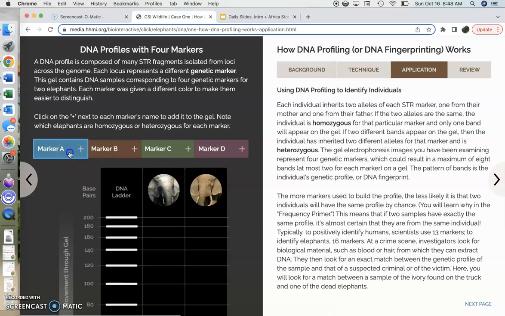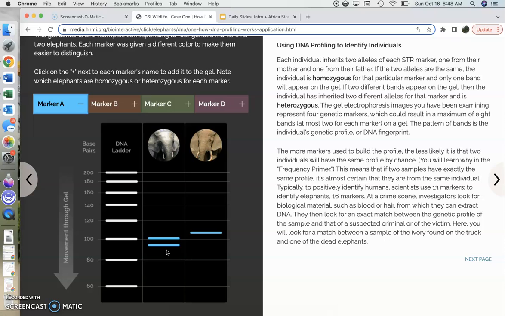So for instance, I could look at marker A, which is one gene, and like we just talked about, if an individual is heterozygous, I'm going to see two bands appear because they have two different versions of that gene with two different numbers of short tandem repeats. Whereas this individual must have two of the same allele, they're homozygous, because I only see one band.